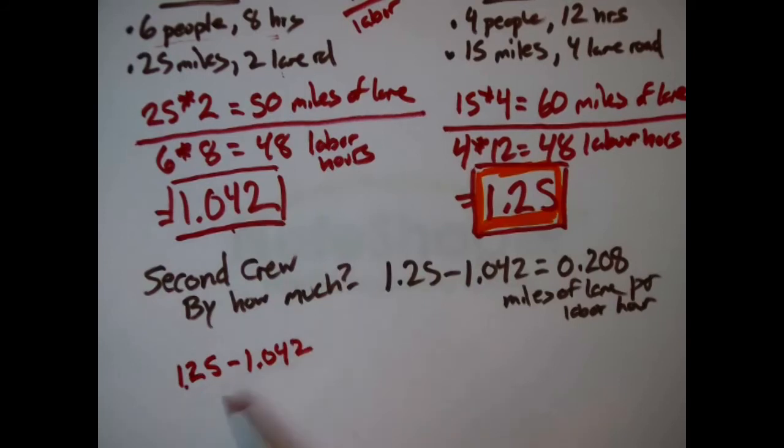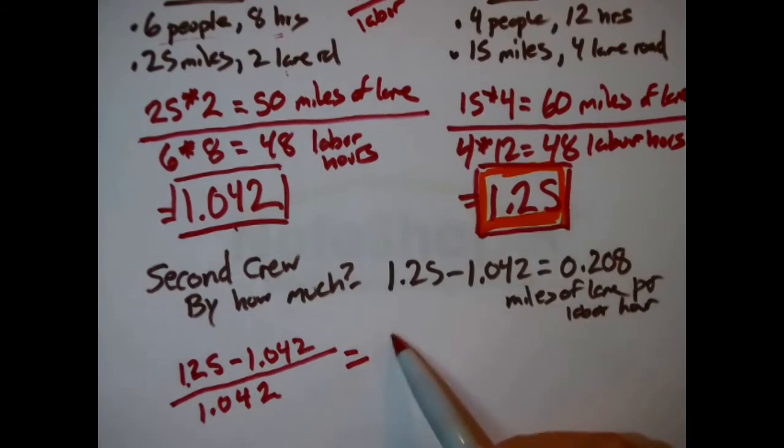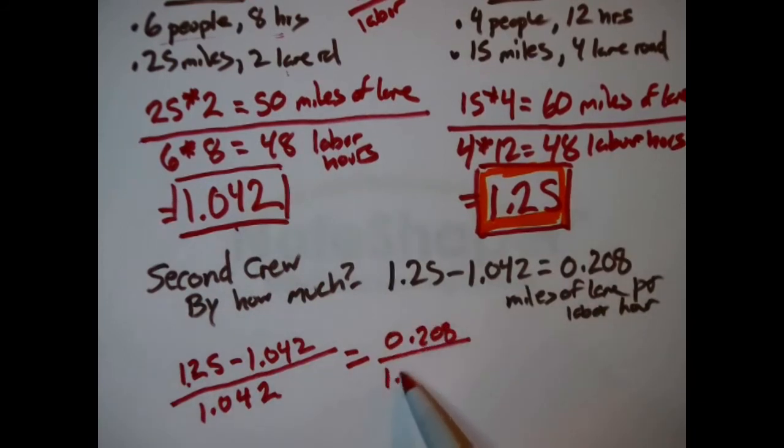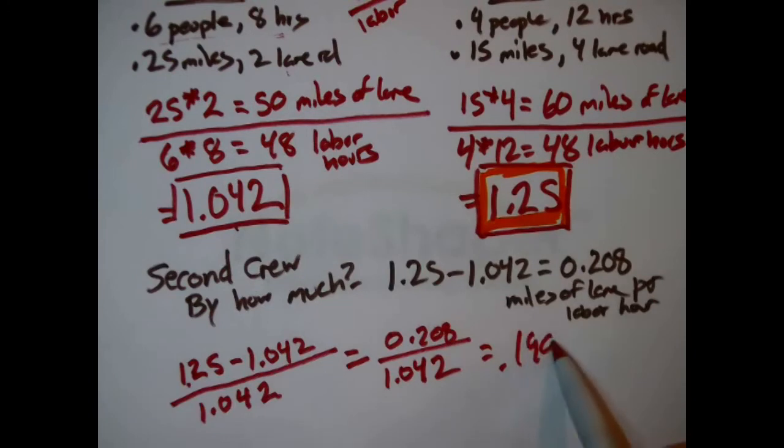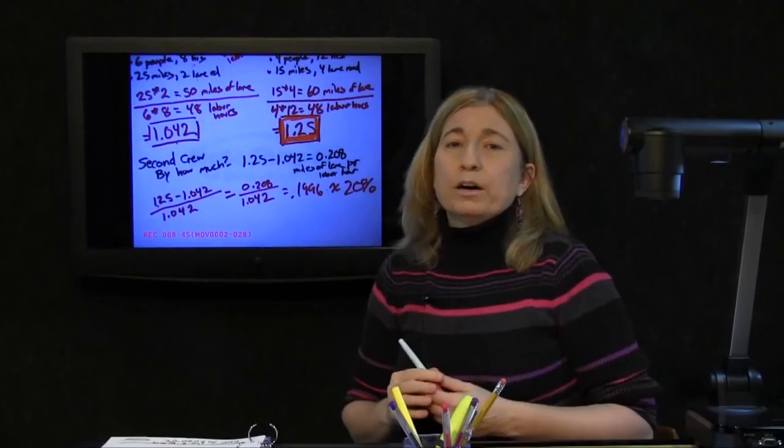We're still commenting on the difference, but you divide that by 1.042. You get the same 0.208 in the numerator, but you're dividing that by 1.042, which is about 0.1996, basically about 20%. The second crew is more productive, by about 20%.